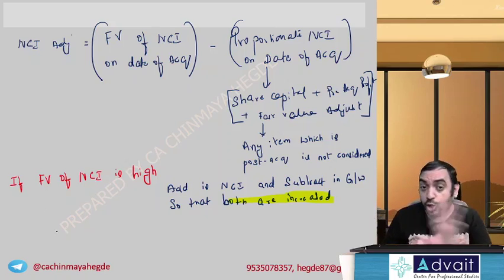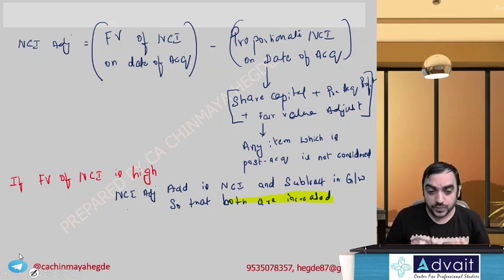And what you add is not the fair value, it is the difference, the NCI adjustment. Don't add the fair value itself. That's one more mistake people do.